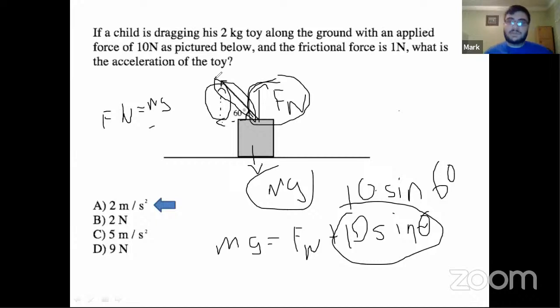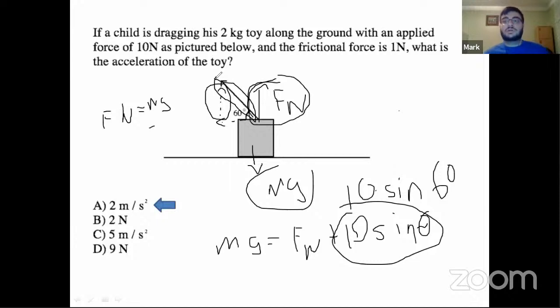Same thing if you're trying to lift something heavy: if you're not touching it, the ground has all of the weight on it. If you pull a little bit up on something, not enough to lift it off the ground, the ground is not pushing up as much on the object, because you're also pulling up a little bit. So the normal force is less than if you just left it alone.